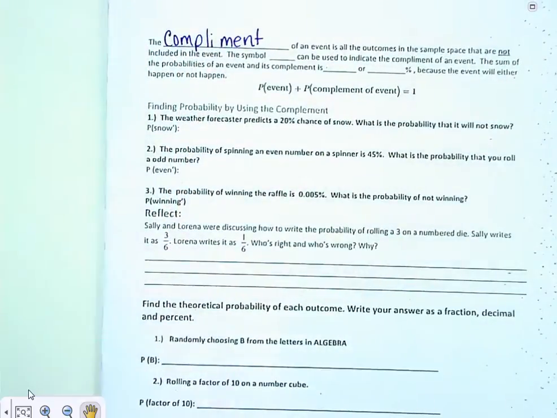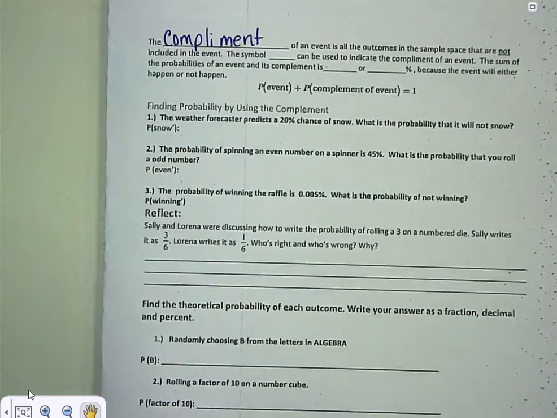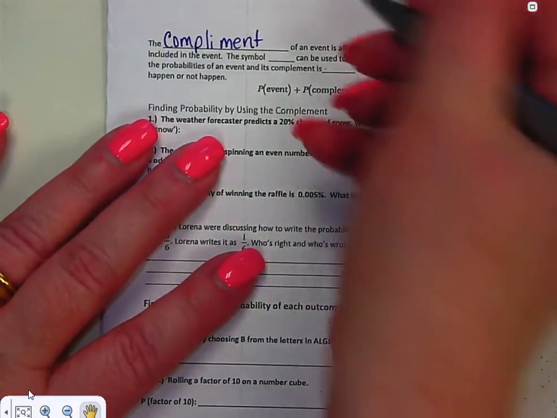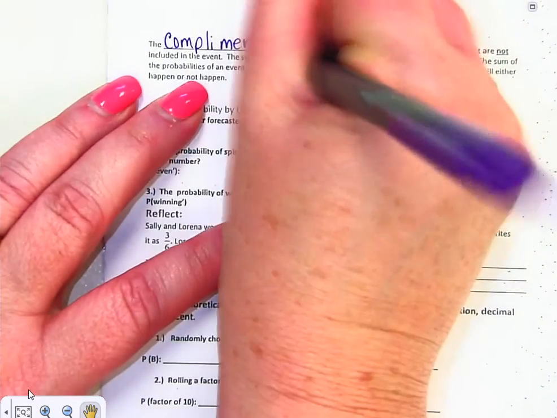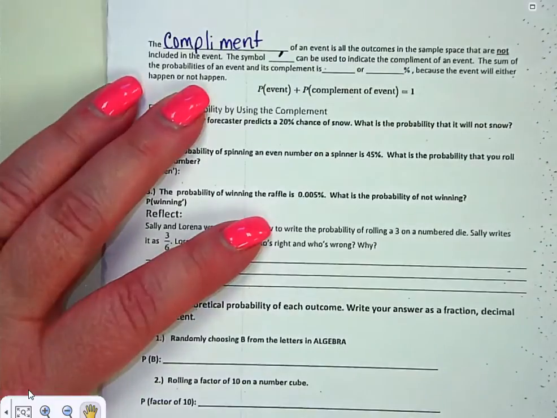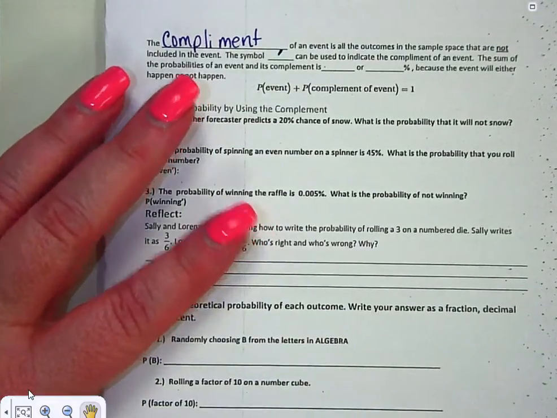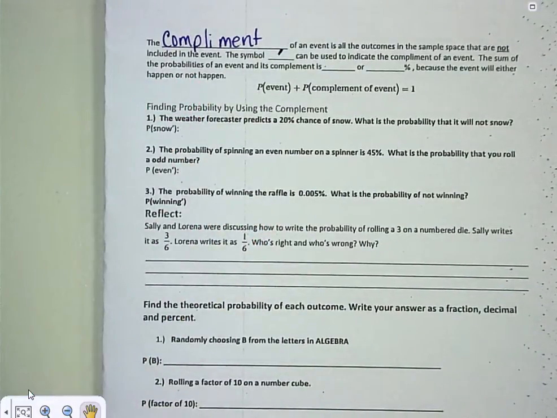The complement of an event is all of the outcomes in the sample space that are not included in the event. This symbol, and it kind of looks like an apostrophe, means complement. The symbol can be used to indicate the complement of an event.